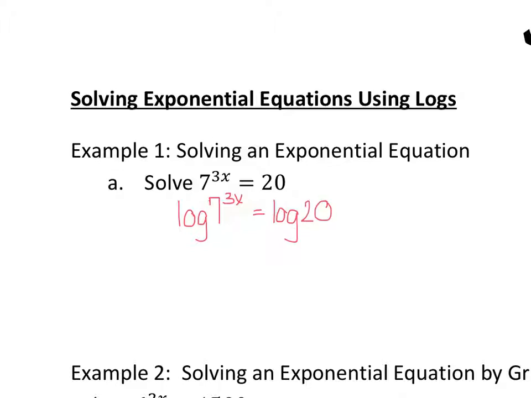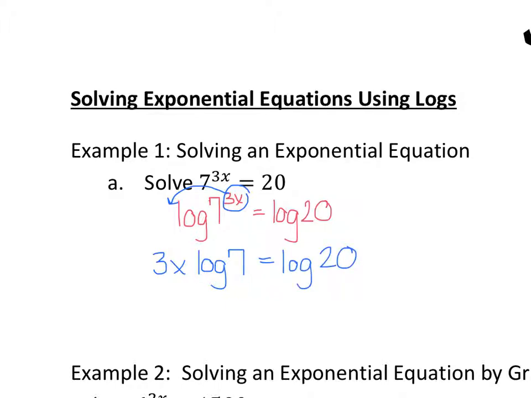We can do that because we did it to both sides. Now what can we do with that 3x based on our properties from yesterday? It moves to the front from the power property. This whole 3x becomes the coefficient. So it's 3x log 7 equals log 20.